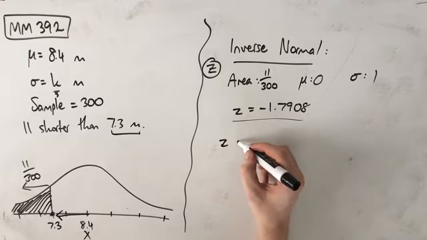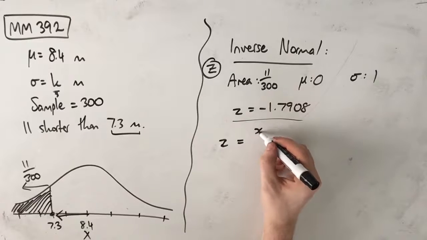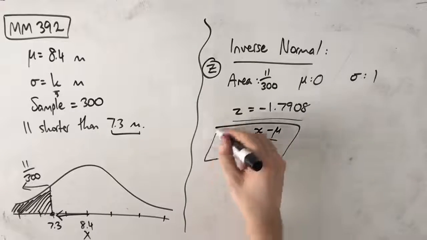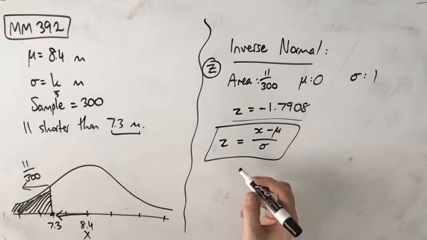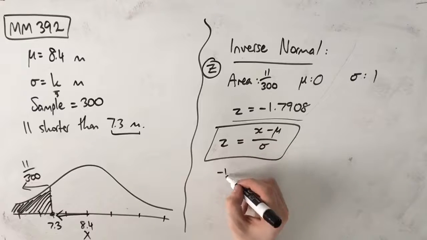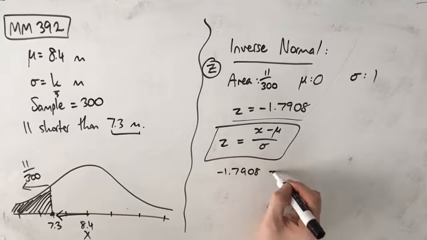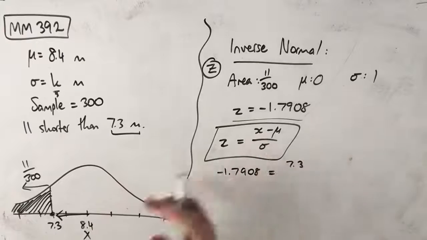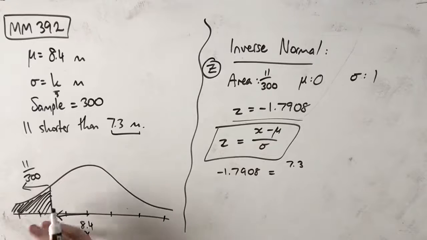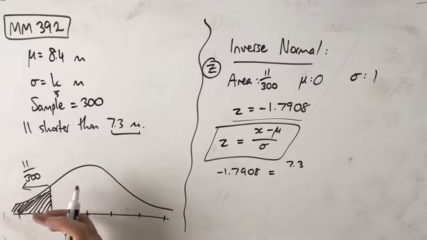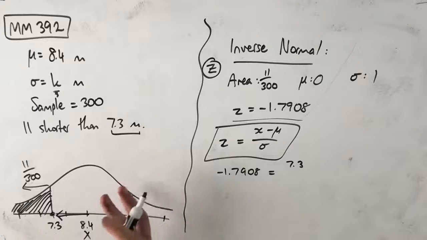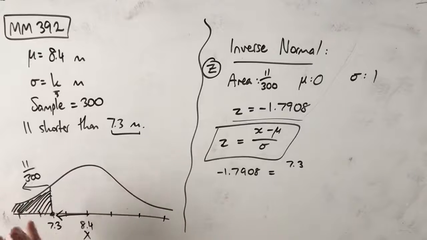So z, we also know, is equal to x minus mu over standard deviation, and this is your magic formula for this section. So we know that our z is negative 1.7908. We know that our x value is 7.3. The x is the actual length of the trees, or the wingspan or whatever it is you're dealing with. And the z value is the standard deviations away from the mean that that value corresponds to.